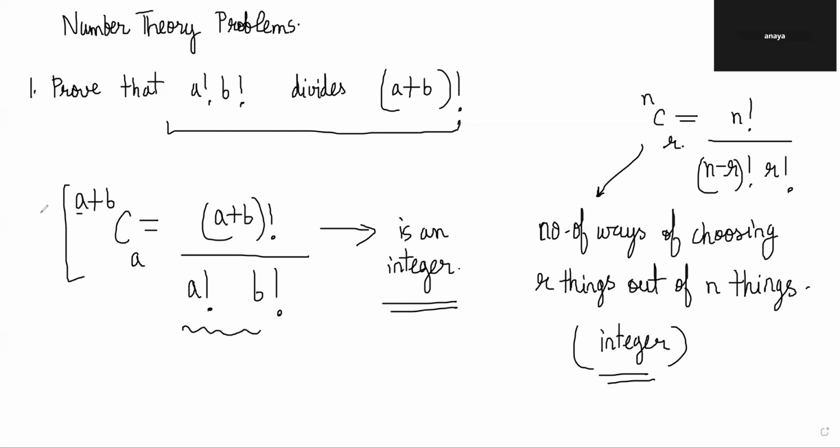You can prove it by expanding also, but you'll have to use induction. You'll have to say, for example, that the result is true for a plus b less than or equal to 1, because 0 factorial is the same as 1.